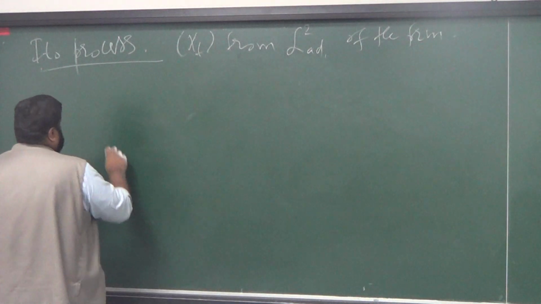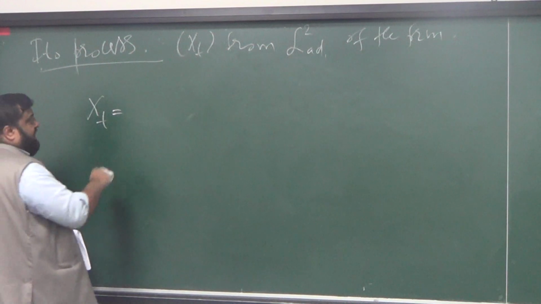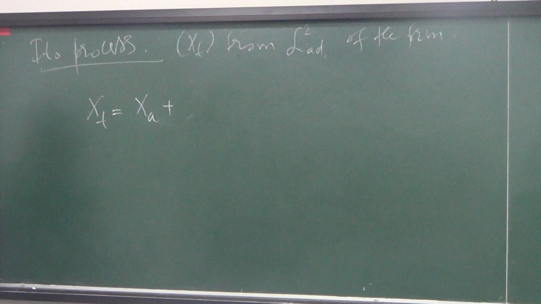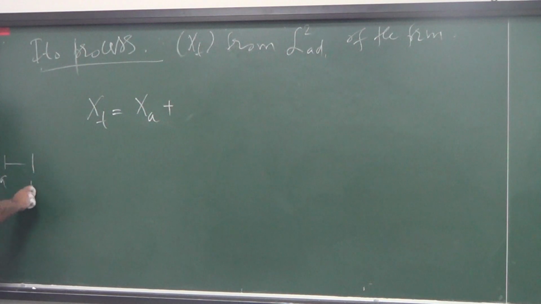So what is the form of it? X_t, at any time t, can be written as X_a, where a is some beginning point, could be 0, plus an integral. You may assume that you are in this interval a to b, and t is some arbitrary instant.